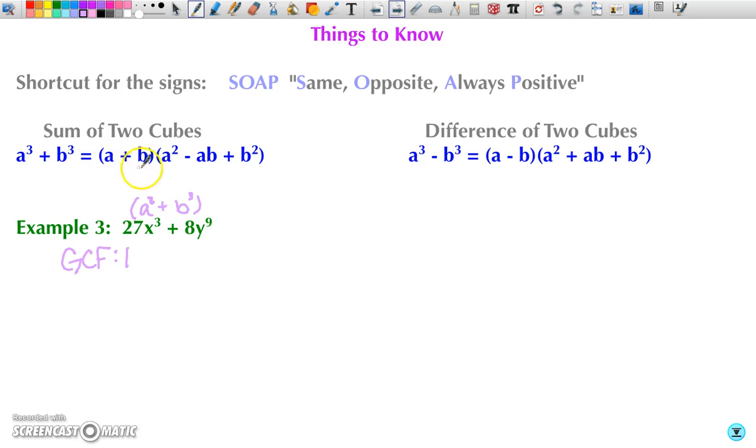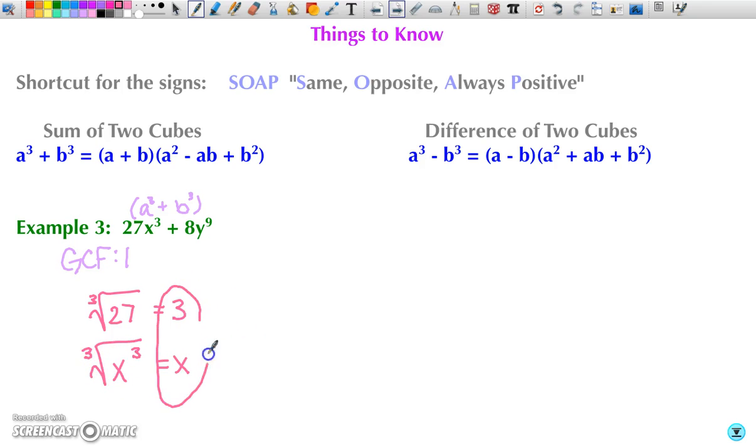So we have to know what is our a, what is our b, so we can fill in our spots, right? So what we're going to do then is take the cubed root of 27, which is 3, and the cubed root of x cubed, which is x. So together, 3x is going to be your a term.